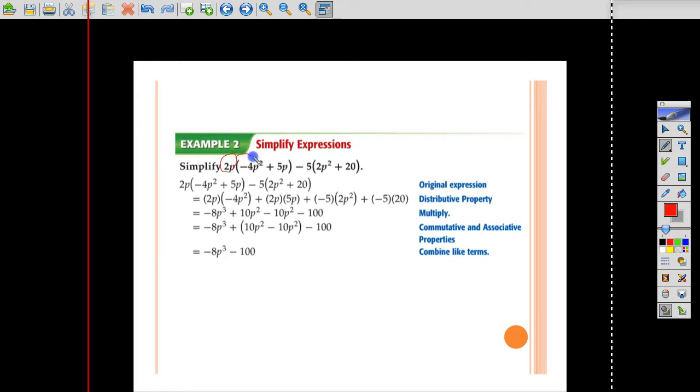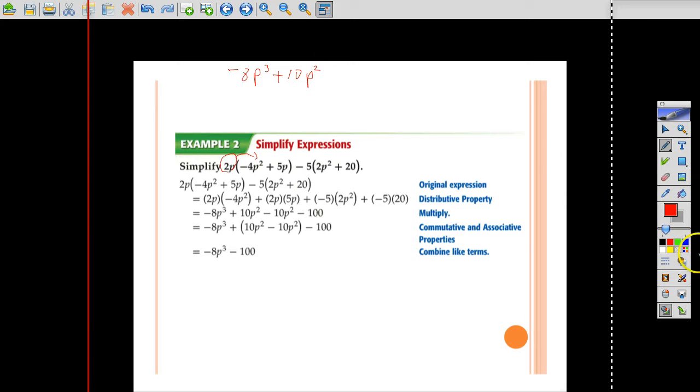So 2p times negative 4p squared can be written as negative 8p to the 3rd power. 2 times negative 4 is negative 8. P times p squared is p cubed, plus you have 2p times 5p, which is 2 times 5 is 10, p times p is p squared.